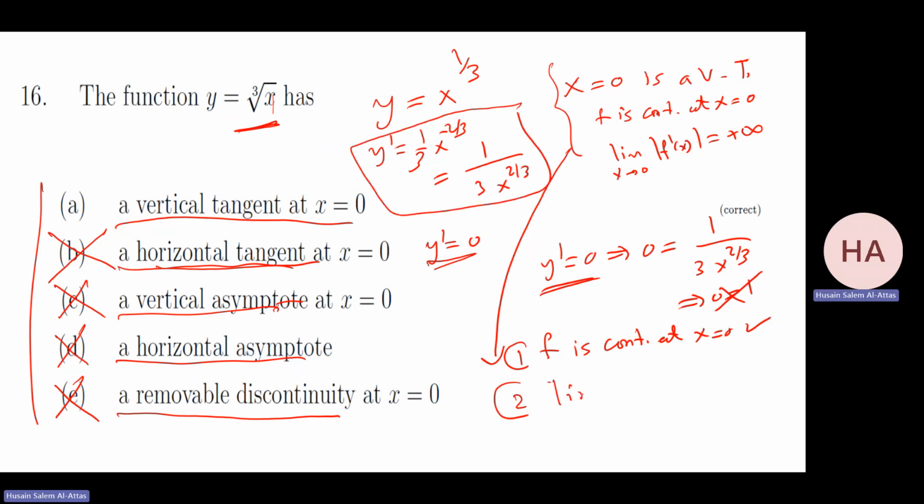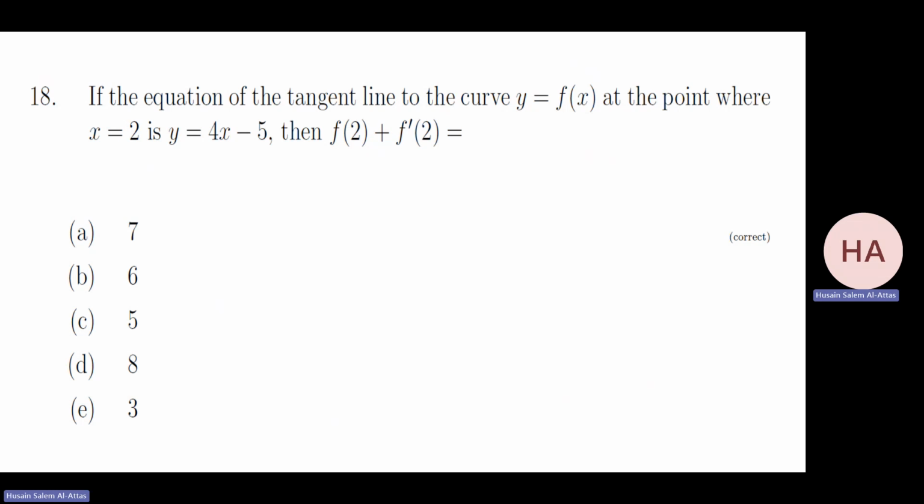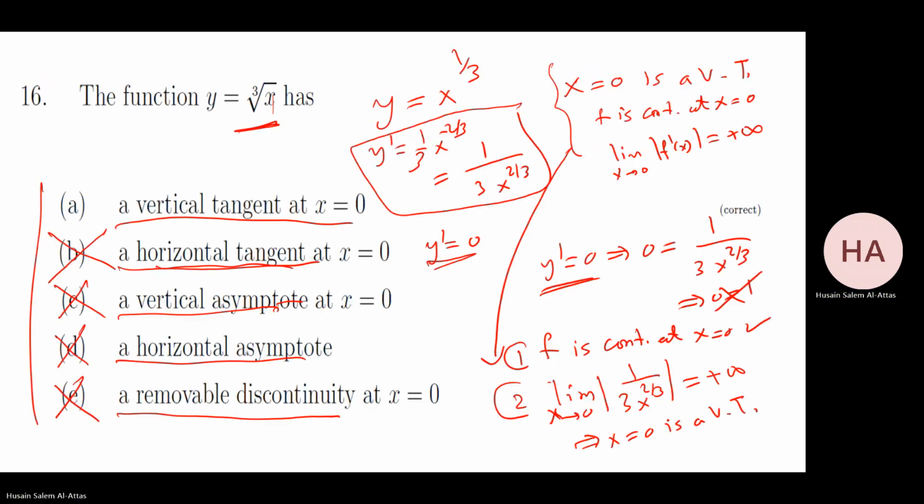What is the limit as x goes to 0 of this expression, 1/3 x to the power 2/3? Very clear, it's plus infinity. So these two conditions are satisfied. So x equals 0 is a vertical tangent. This one. So this is the correct one.